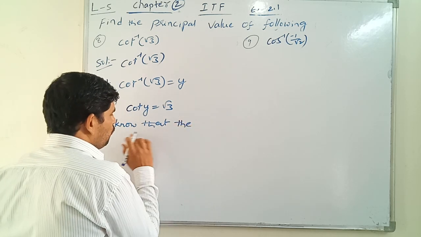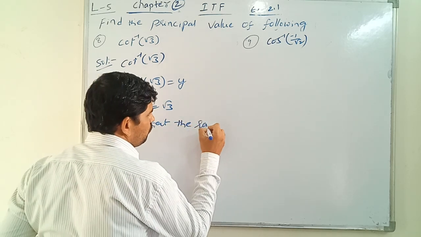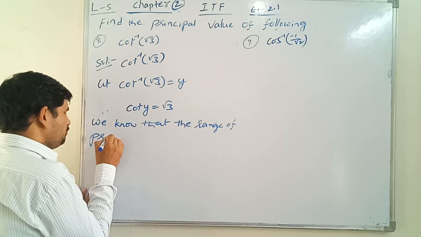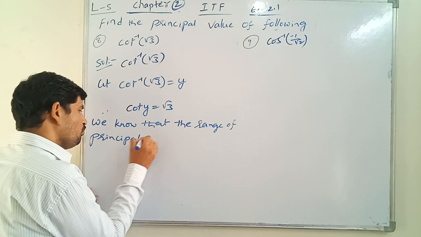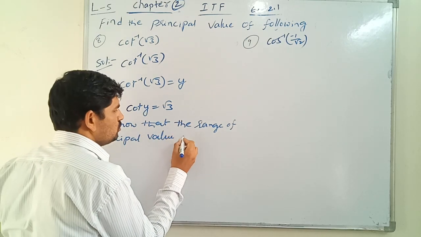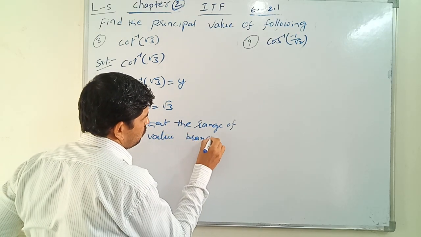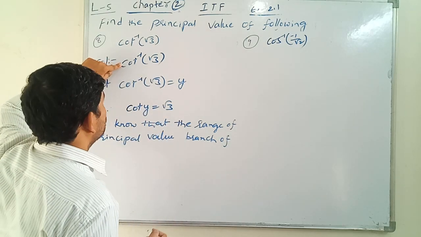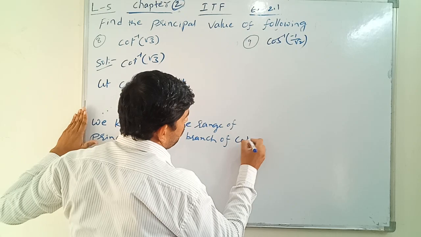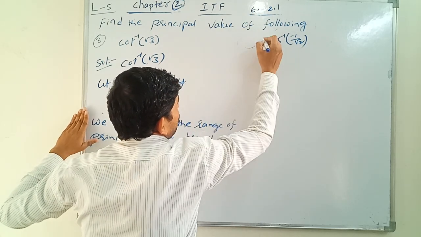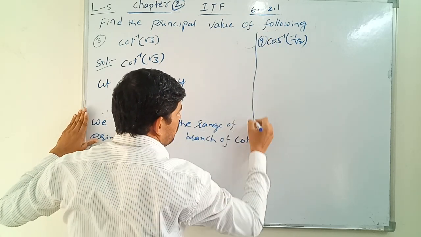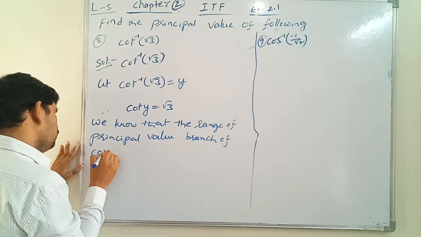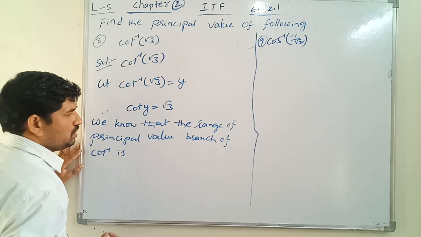We know that the range of the principal value branch of cot inverse is the open interval 0 to pi.